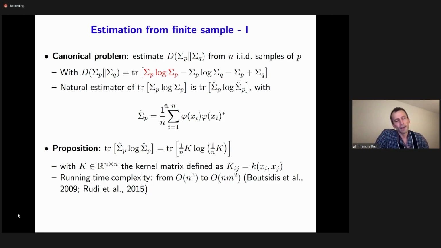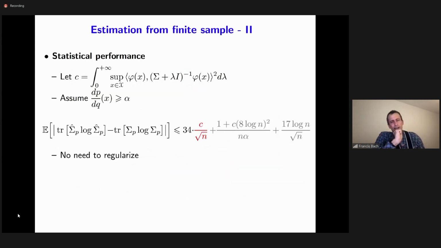Right, so we can compute it, fine, but does it estimate the correct quantity? This is not totally obvious because when you have sigma p log of sigma p, you have the log of lambda, so when lambda goes to 0, this may blow up. It turns out it doesn't, and there is one quantity which is controlling the convergence rates. For the experts in kernel methods, this is often called the maximal leverage scores, for the regularizer with regularization lambda.